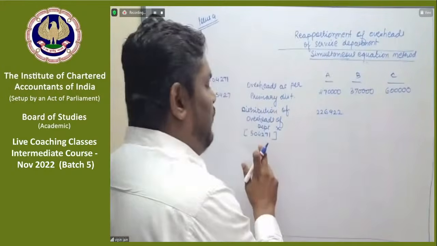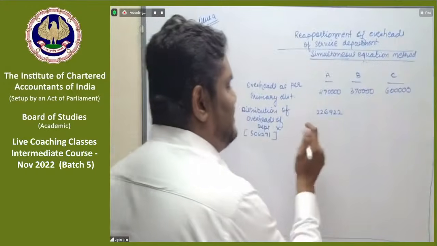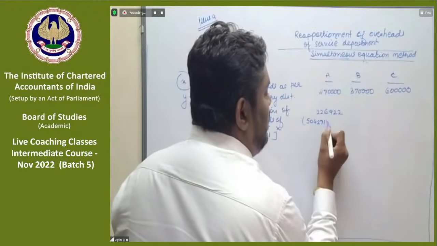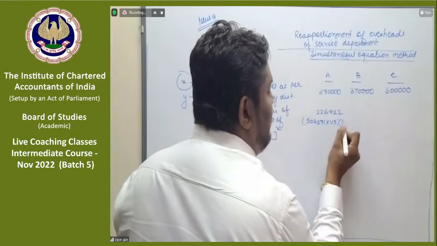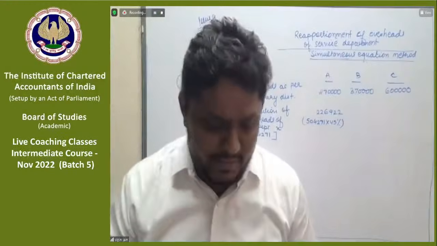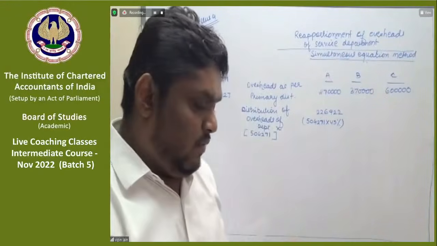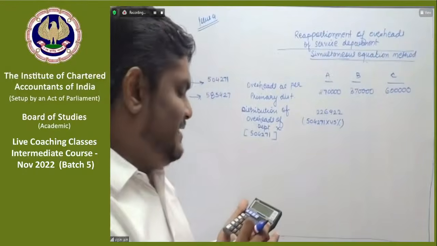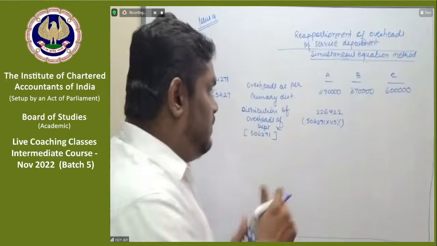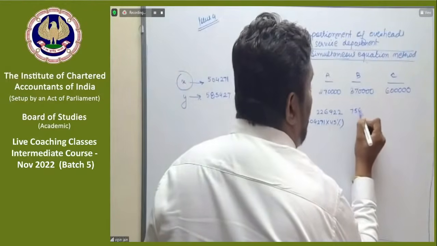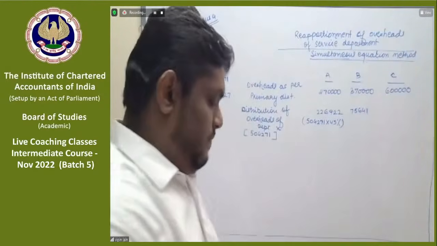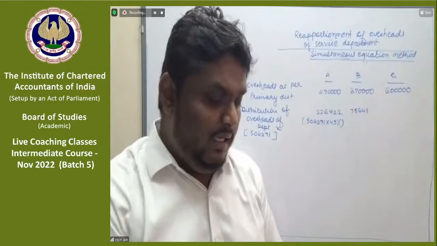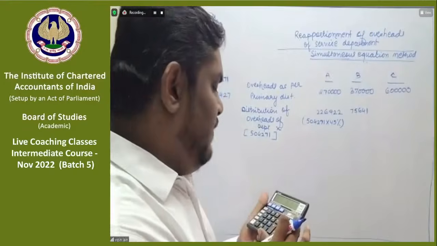That is 45% of 504271. For your reference, I am writing, no need to write this in exam. The next is 15%, so this will be 75641. Next is 30%, that is 151281.